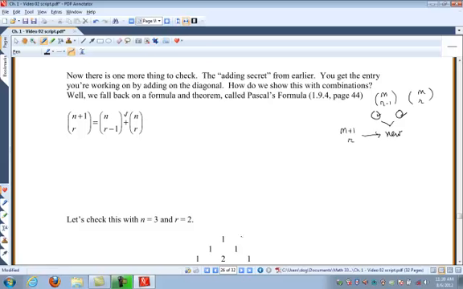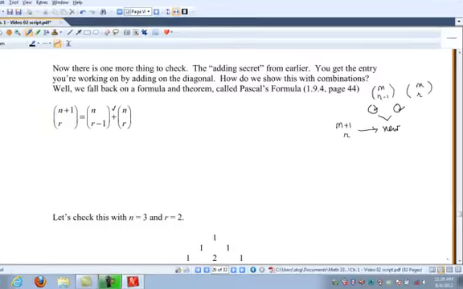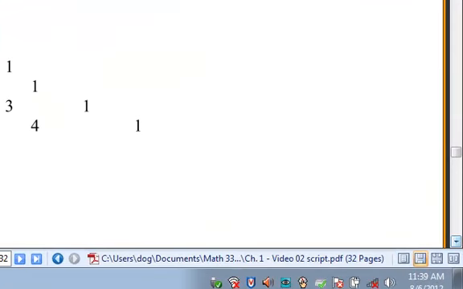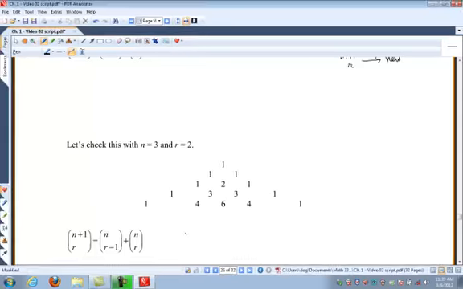Let's check this with n equals 3 and r equals 2. So here we go. If n equals 3, then n plus 1 is 4, and r is 2, equals 3 choose 1 plus 3 choose 2.